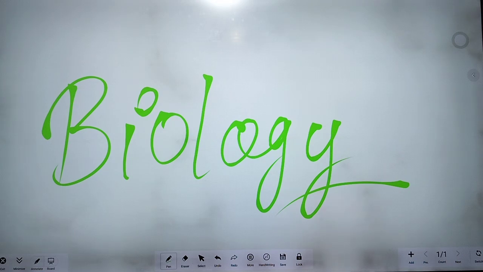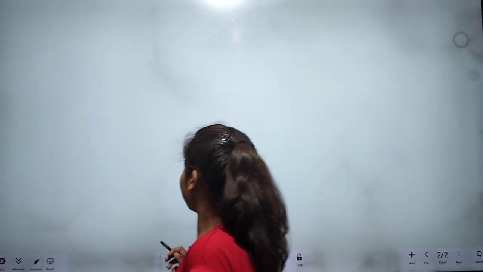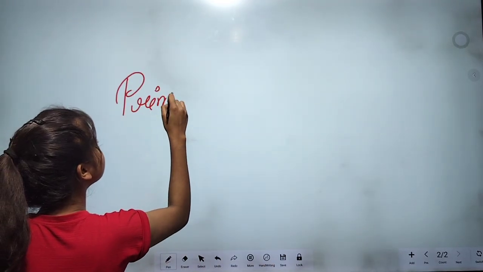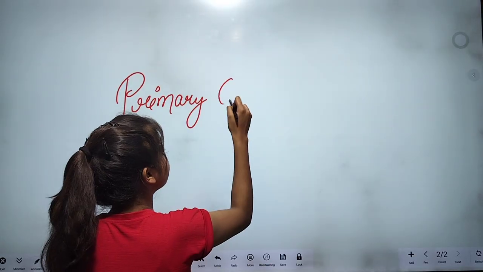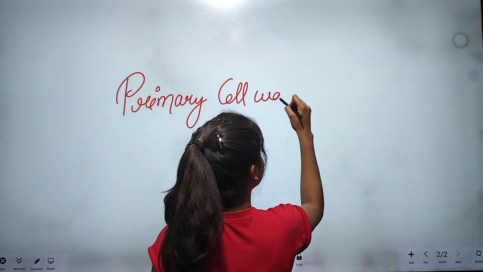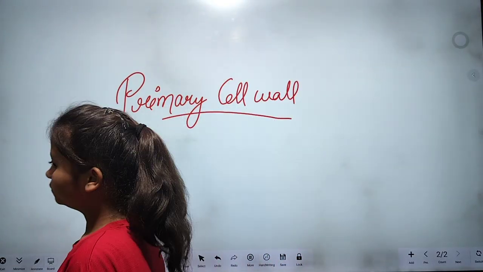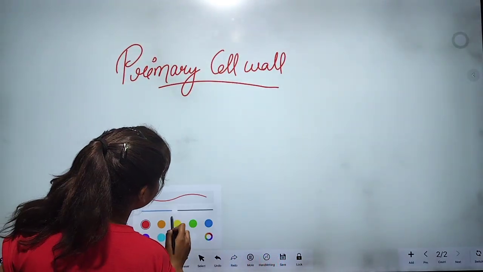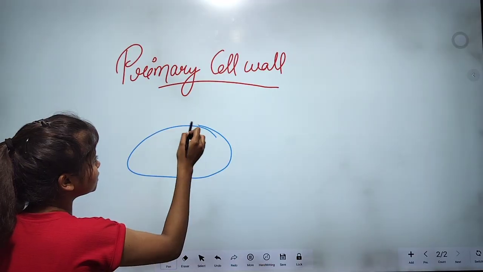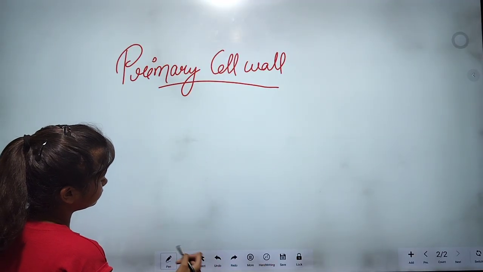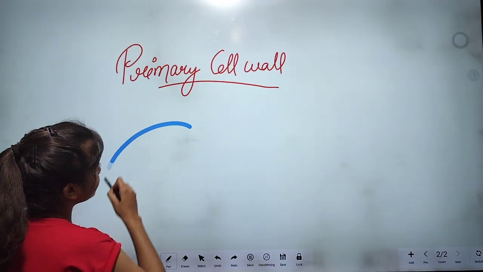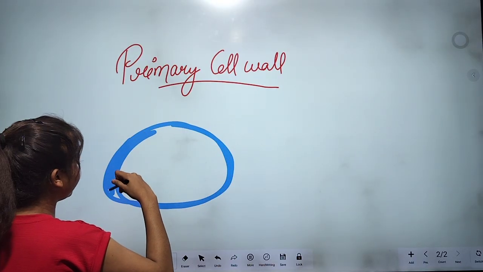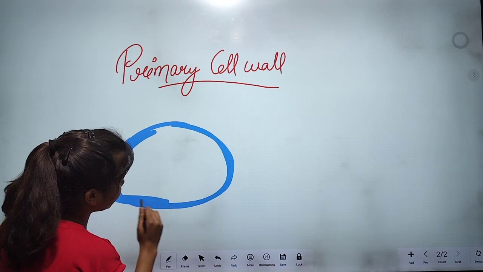So let's see some points related to the primary cell wall. It is present just below the middle lamella. Suppose this one is the outer part of the cell wall, that is called the middle lamella.